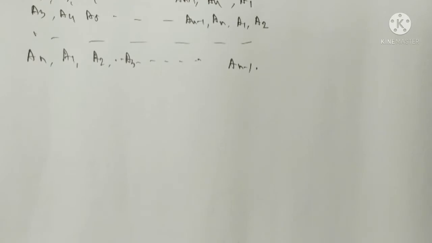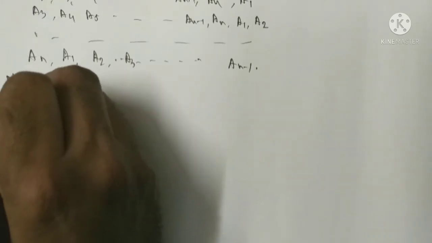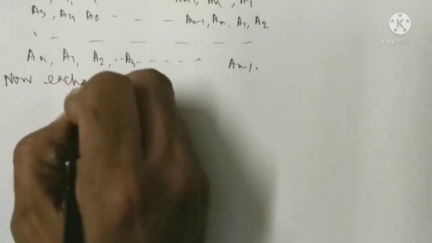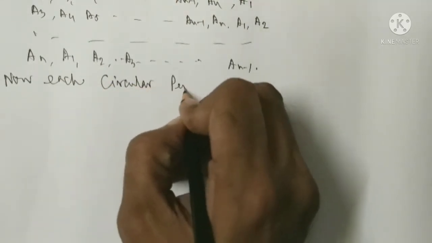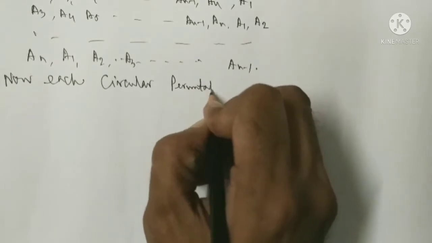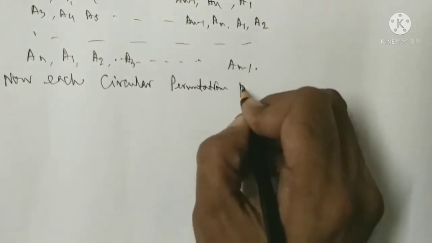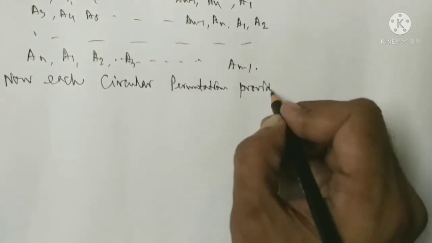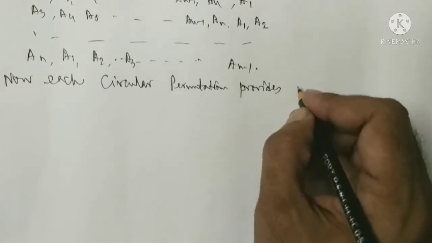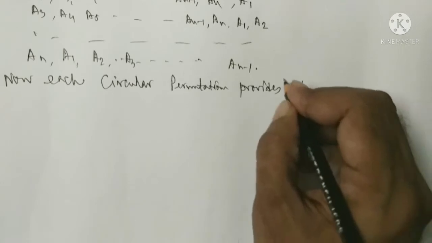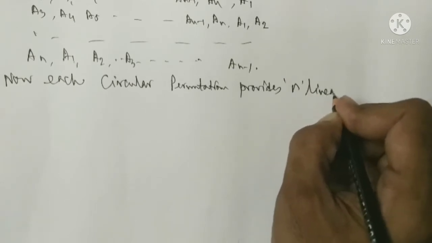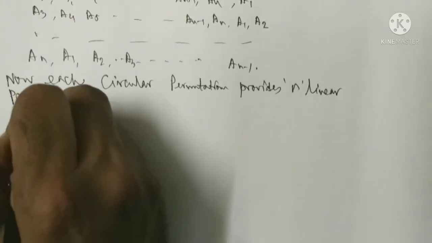Now each circular permutation gives n linear permutations.